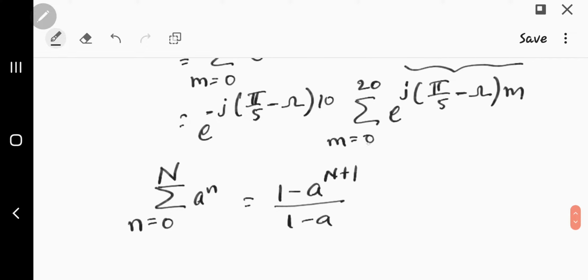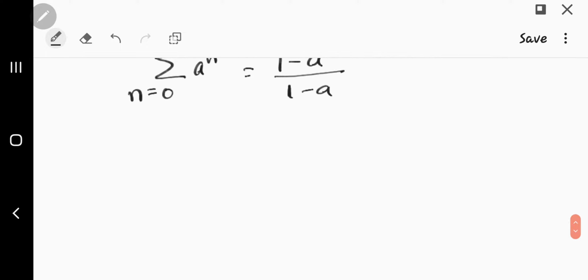So 0 to n is there, so we have 0 to 20. So n plus 1 means 20 plus 1 I have to write. Now in place of a, we have e to the power of j pi by phi minus omega. So this complete thing is a here, and n plus 1, so this value we have to substitute. Okay. Now based on this, you can write it like this.